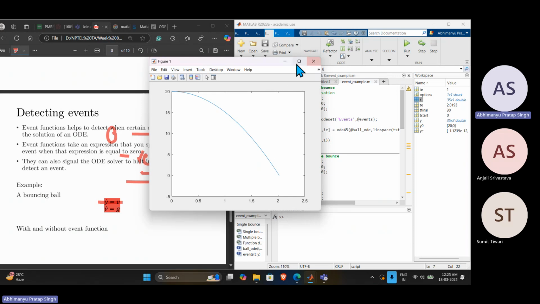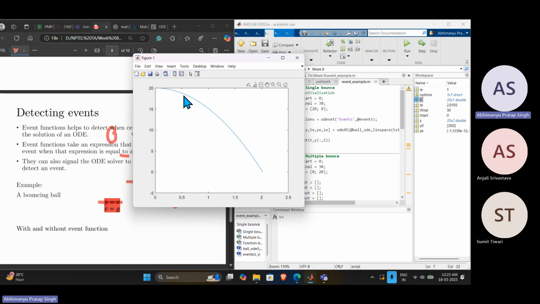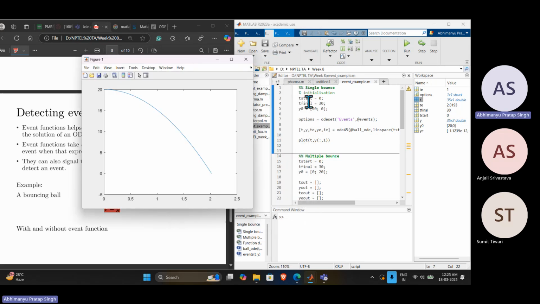So it has run. This is the height of the ball. You can see I have given my t final as 30 seconds, but still the simulation only ran for close to 2.2 seconds, close to 2 seconds. At 2 seconds, my ball touched the ground, the first variable crossed zero, so the simulation stopped.